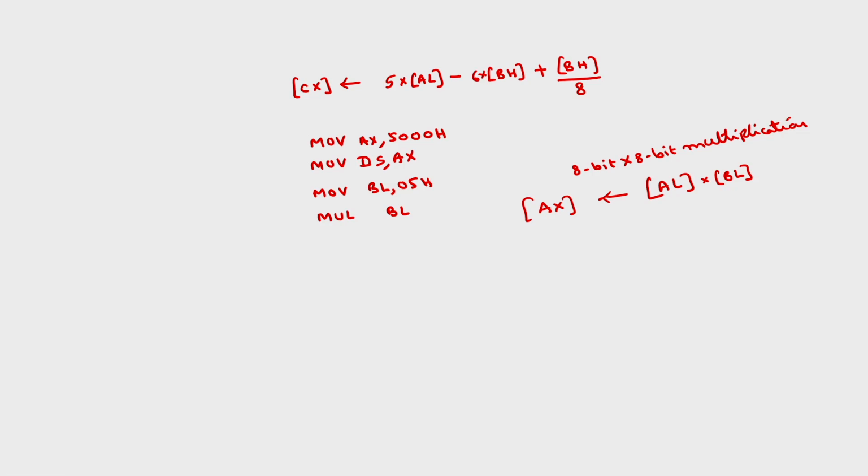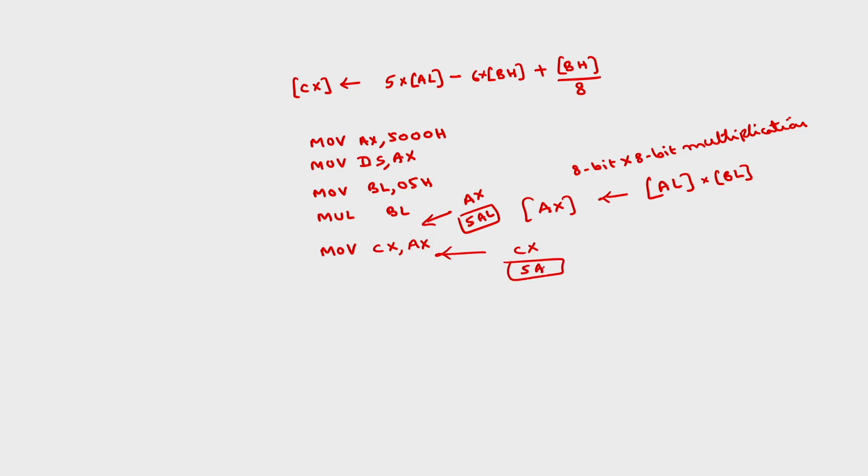So, I have taken this 5 into BL, AL already has some data, I have multiplied with BL. Now, in AX this 5 into AL will be there. I am taking this into some register CX. So, in CX also I am storing the same 5AL value.